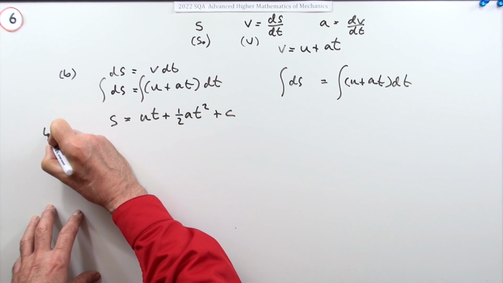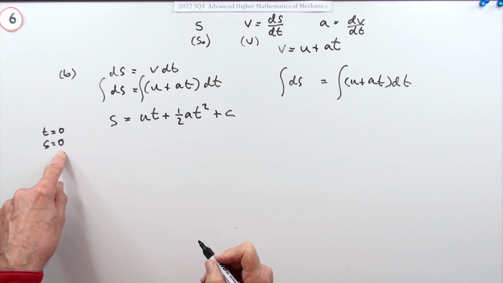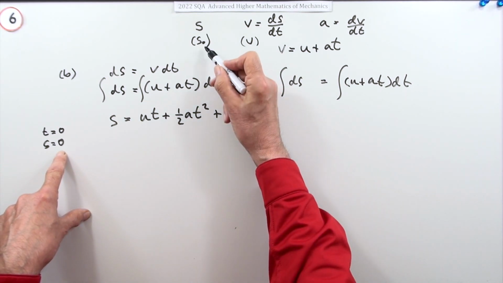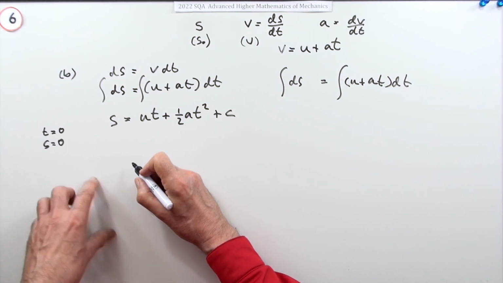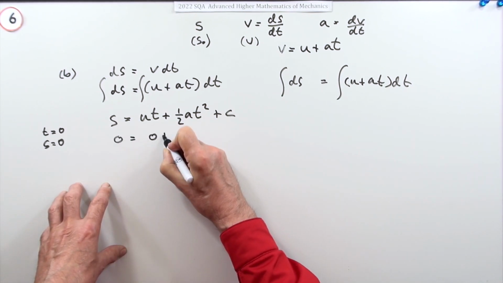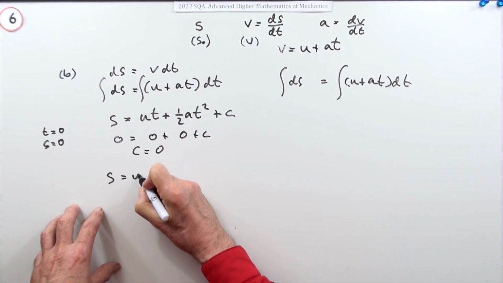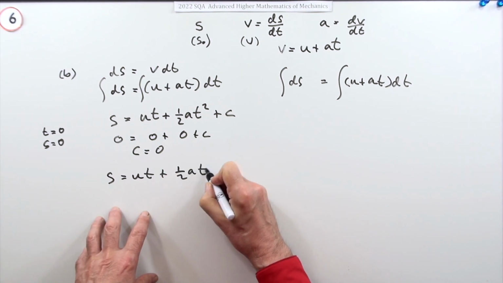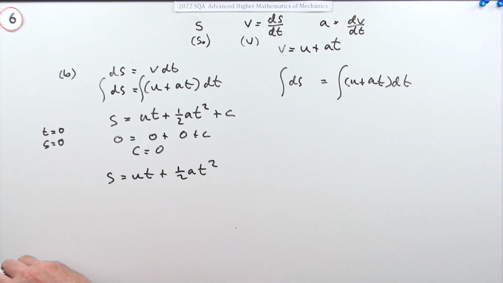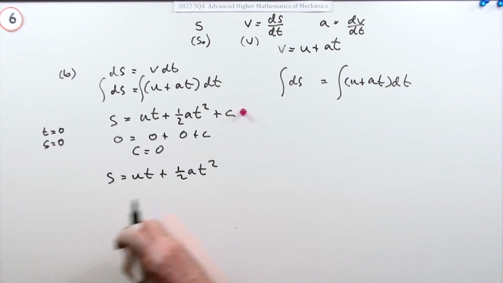Now, what do we know? We know that at t is 0, we're just saying the initial displacement is 0. Because if there was an initial displacement, then that would be an s0. So using the 0 would give you 0 equals 0 plus c. In other words, c is 0. So now you've got s equals ut plus a half at squared. So that would be the first part, integrating it, introducing a constant, and then using s equals 0.